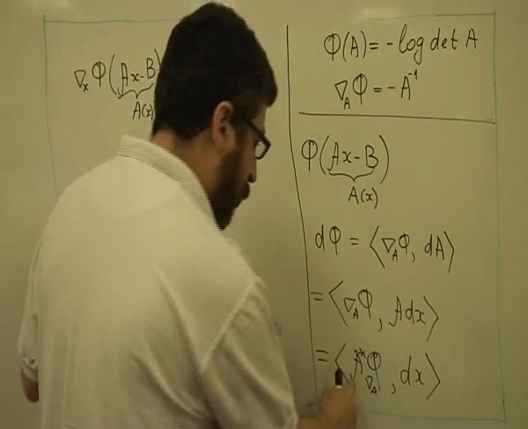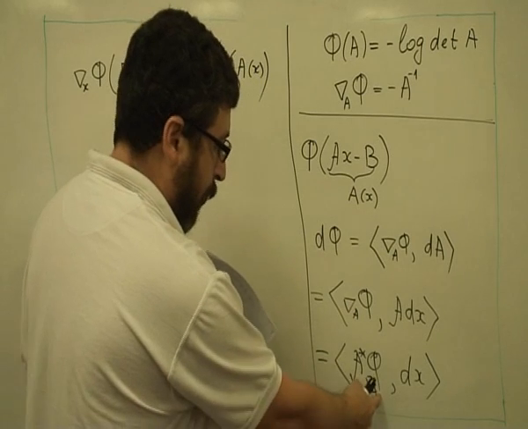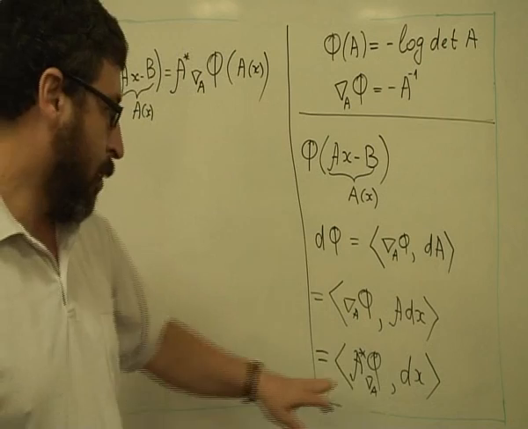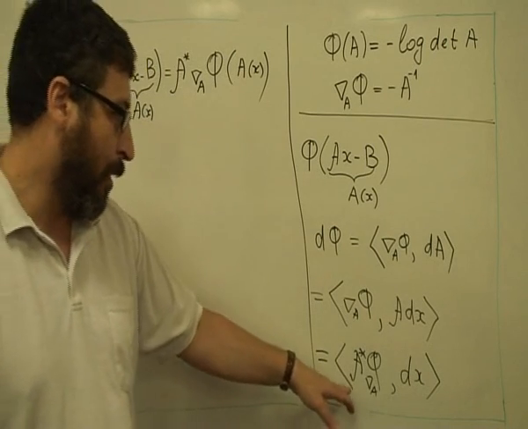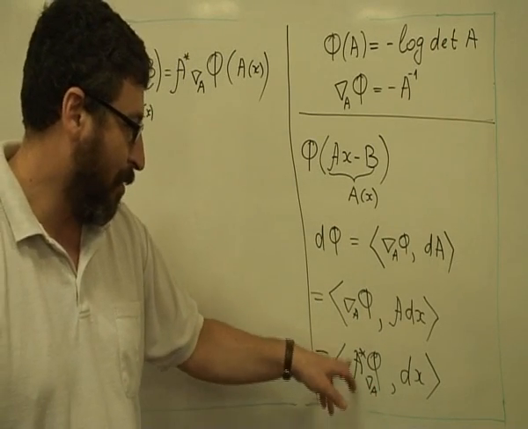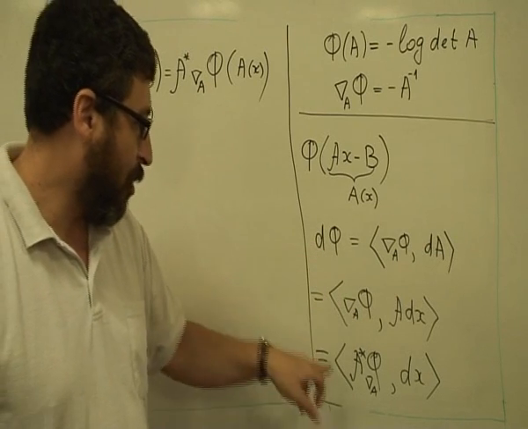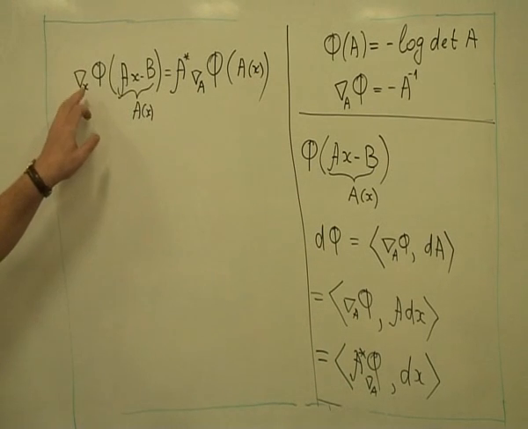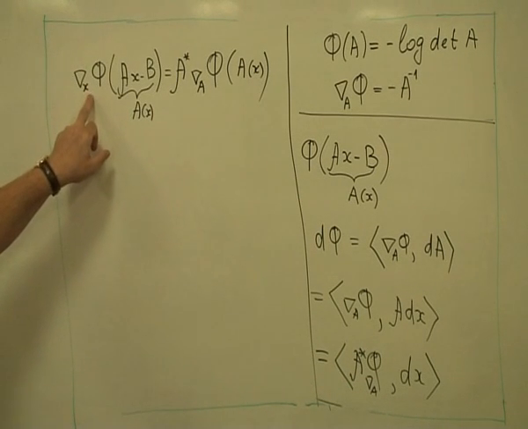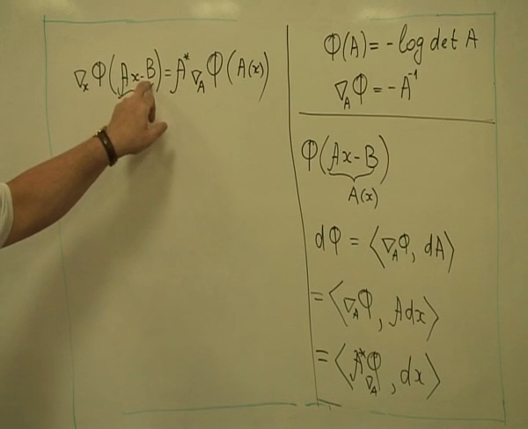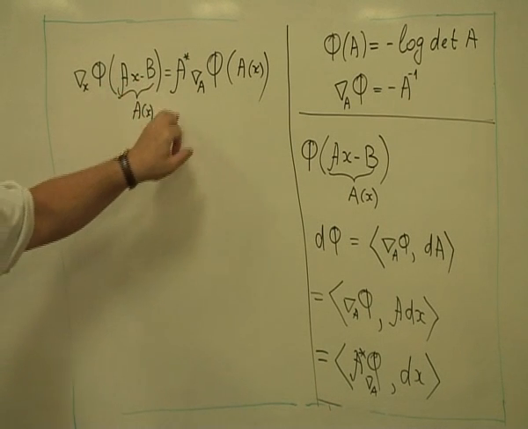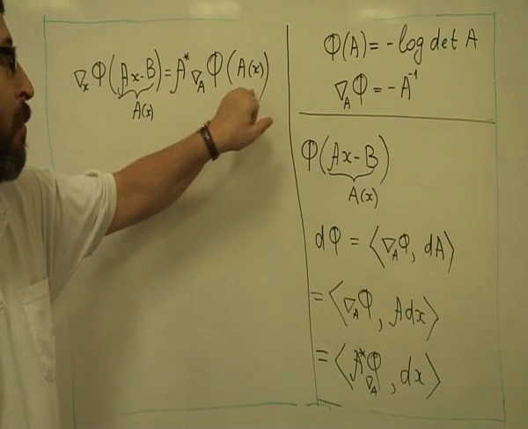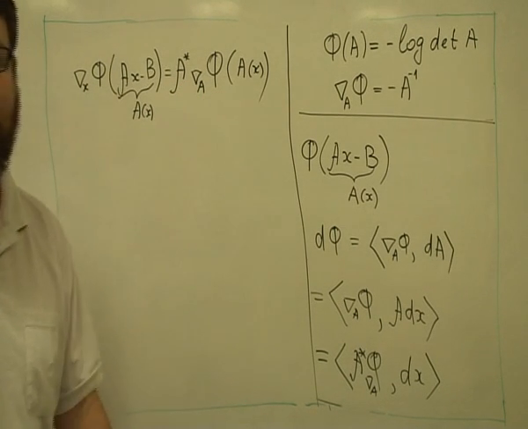So it's A adjoint multiplied by the gradient with respect to A. And comparing with the basic formula of the gradient of the differential, here should be the gradient in this place. So the gradient with respect to x of phi of A x minus b is just A adjoint multiplied by the gradient with respect to A of this expression.